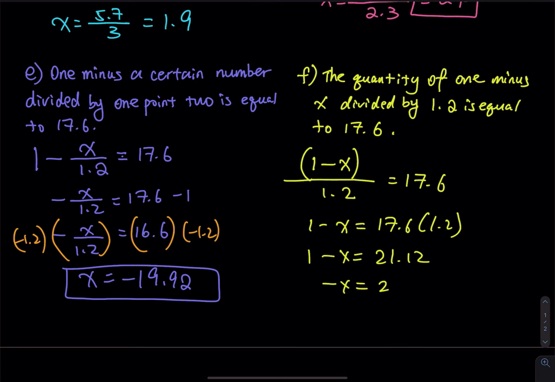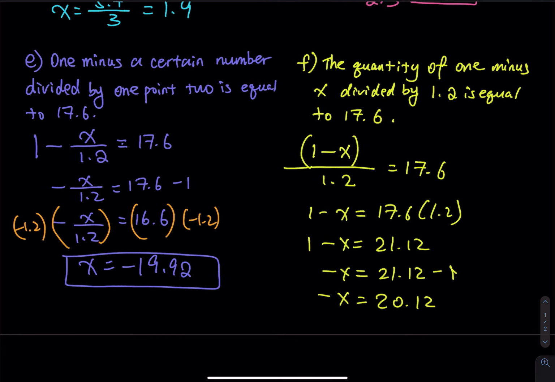So that is 21.12 minus 1. Negative x equals 20.12, and then you divide both sides by negative 1. x equals negative 20.12.